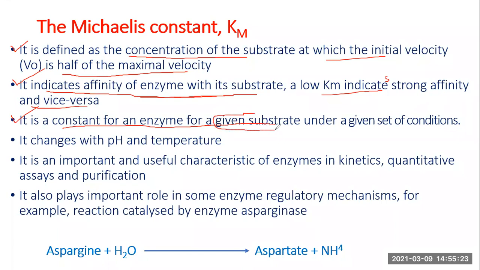Because some enzymes may have more than one substrate, say A and B. So you have to specify whether you are giving Km for substrate A or for substrate B, Km A or Km B. And for a given set of conditions, what is the temperature, what is the pH, because it changes with pH and temperature. It is an important and useful characteristic of enzymes in kinetics, quantitative assay, and purification.